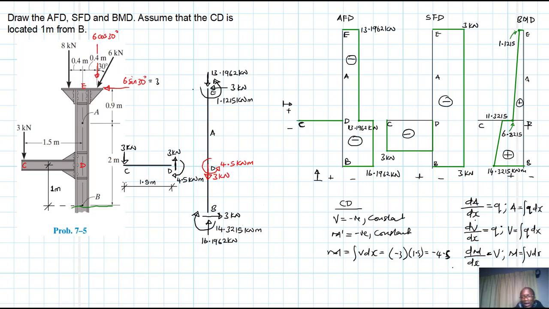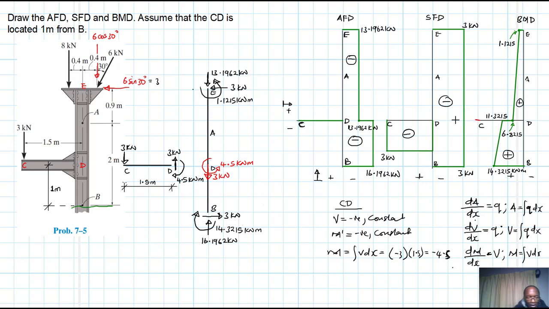Okay, 4.5. And we said its slope is negative and constant. Let me use a different color here. So negative and constant, we just expect a straight line, right? So it will just be a straight line. Let's say it goes up to somewhere there.